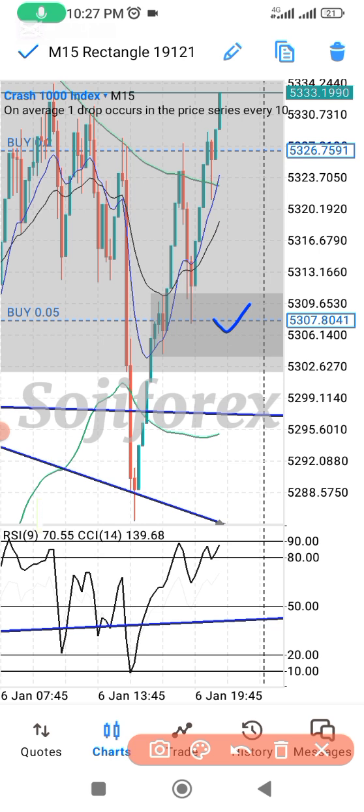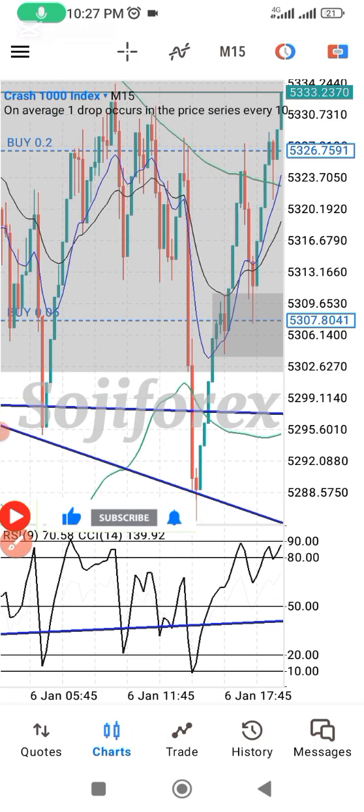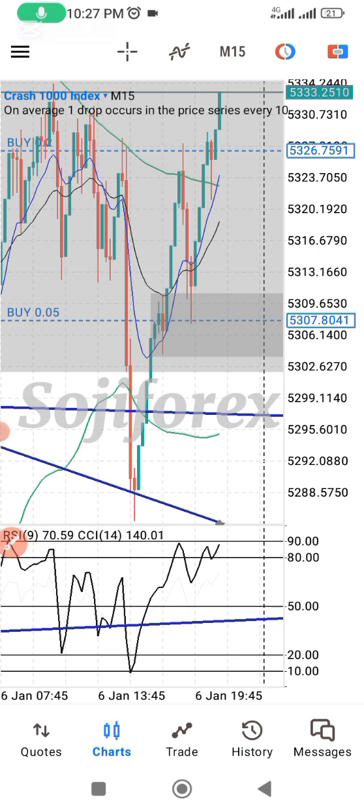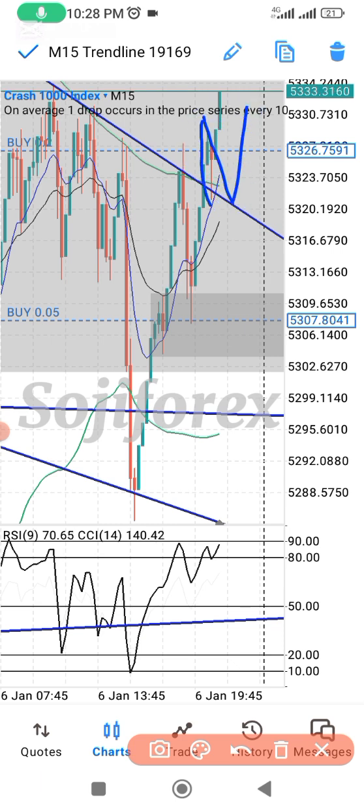Another way we can also make this entry is upon the break of a trend line, which is exactly what I'll be showing you now. So you can see that price also came to this point and then broke this trend line. So what happened? Price broke out of this trend line to the upside, returned and then retested it.